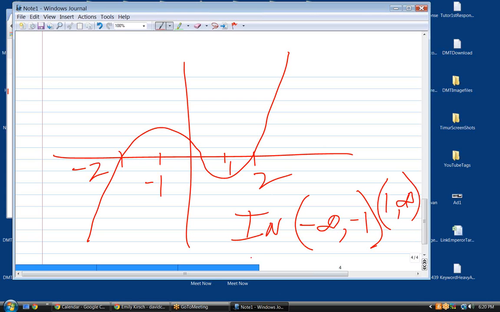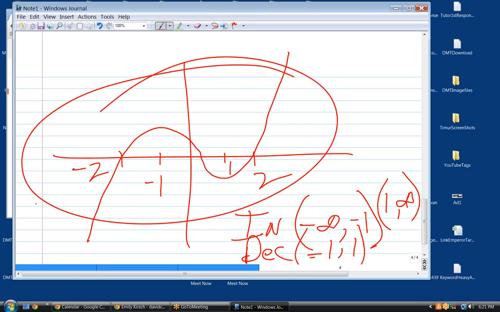Where's the function decreasing? Negative 1 to 1? You got it. In other words, you can get as complicated as you want depending on how many different loops you have in the function.